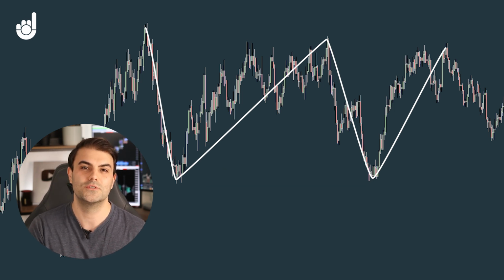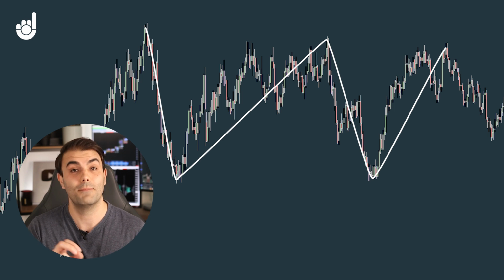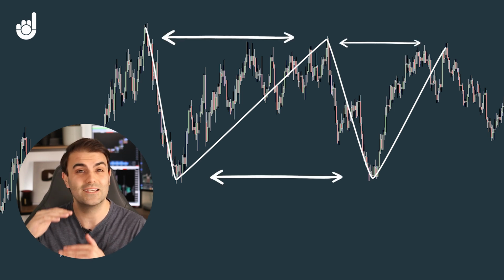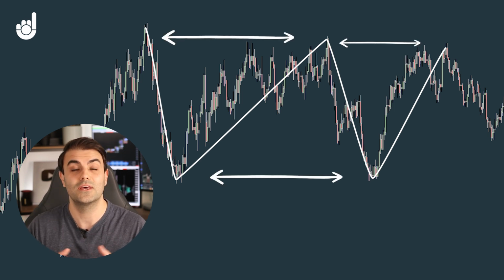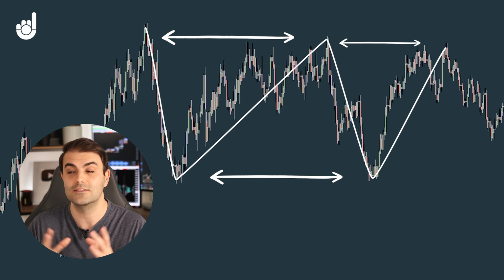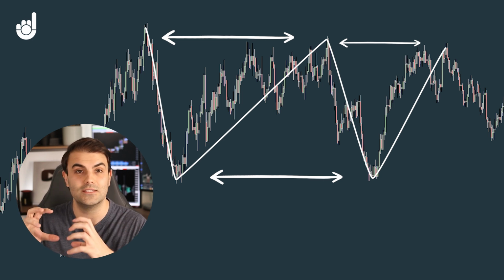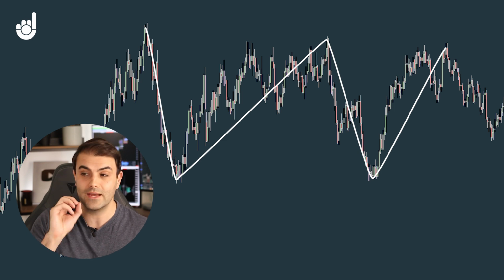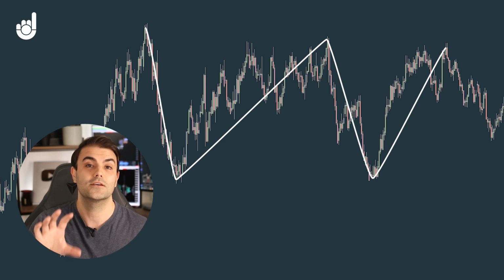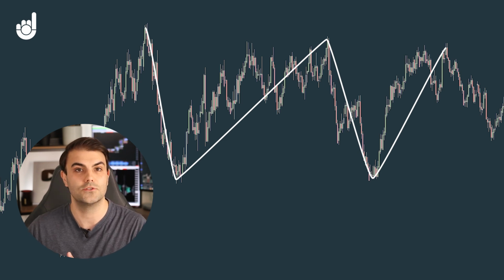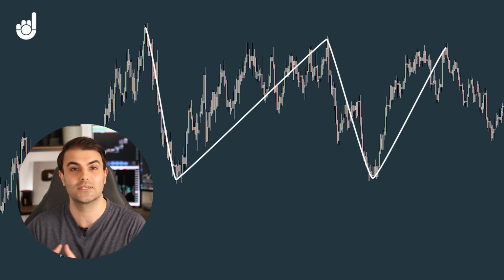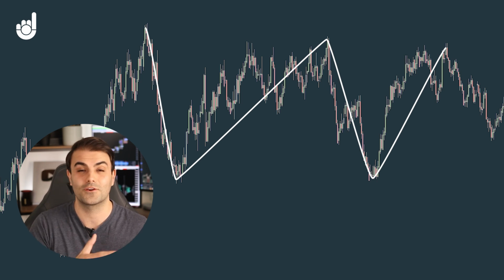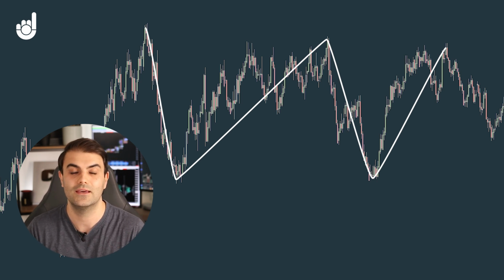Now, sometimes you'll notice with a sideways market that the main highs and lows are almost exactly in line with each other, as if there's something at those points in the market that's causing the market to stay within these strict boundaries. Now, at Duomo, we specifically refer to that type of sideways market as a range. Now, other traders use the term range just to describe sideways markets in general or in other contexts, but that's how we define it at Duomo.